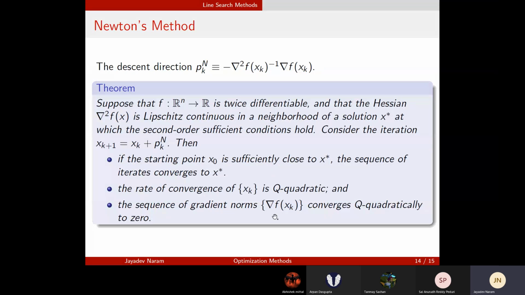So we have these two conditions: first, it converges Q-quadratically to the strict local minimizer whenever the starting point is sufficiently close to x star, and the sequence of gradient norms also converges at the same rate to 0. So this is about Newton's method.